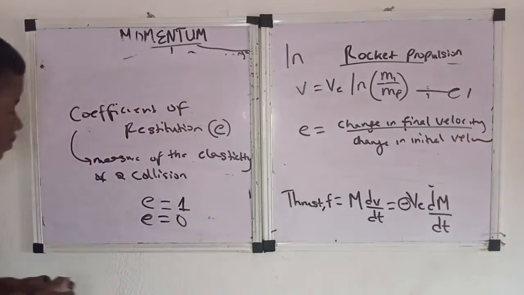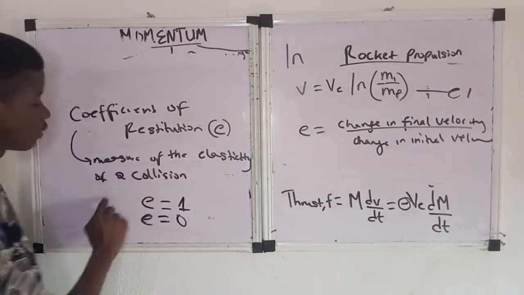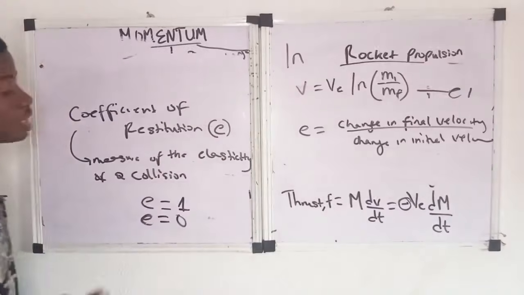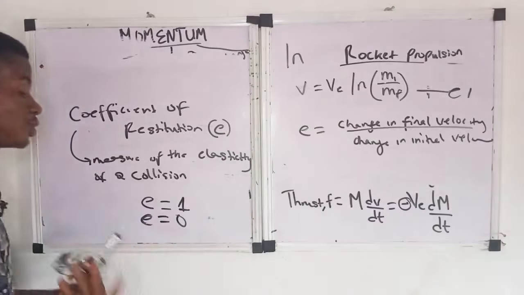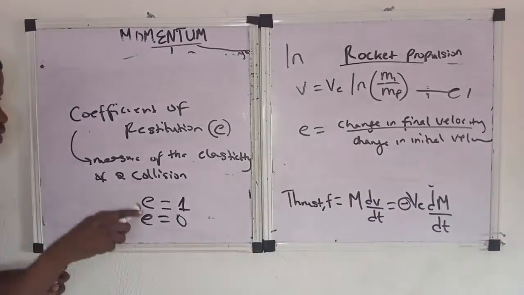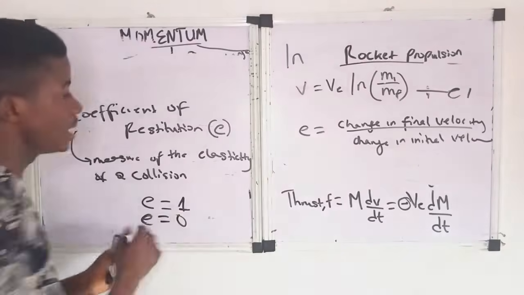The symbol is usually e, and it tells us whether a collision is elastic or inelastic. For an elastic collision, e is 1, while for an inelastic collision, e is 0.